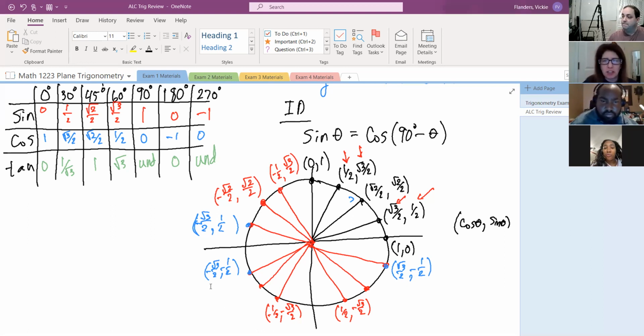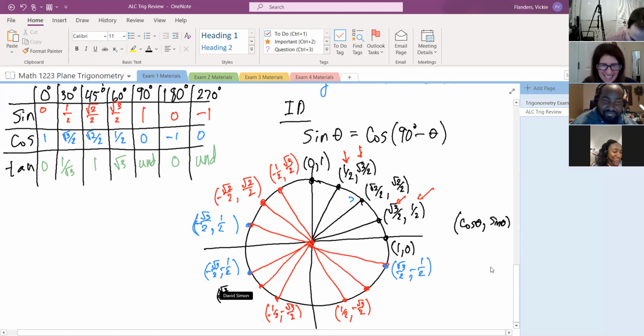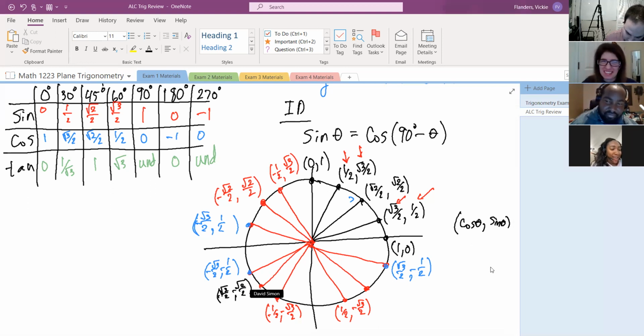Do you want to finish the middle one in the third quadrant and fourth quadrant? Okay, I'll finish it. Just making sure I have the right thing. It's negative square root of 2/2 and the same for y. And then what about the fourth quadrant?